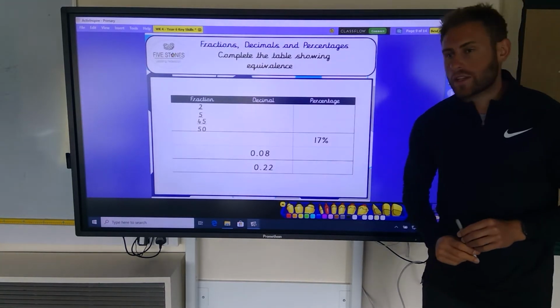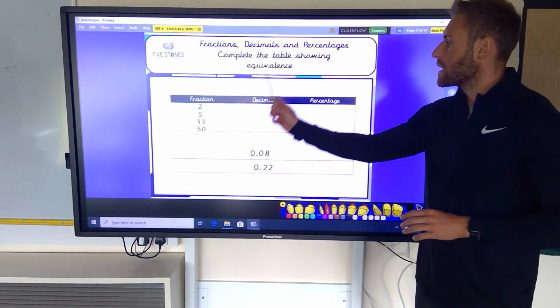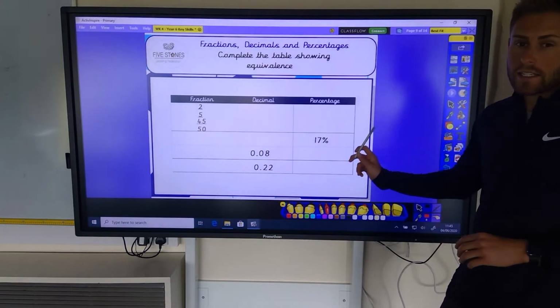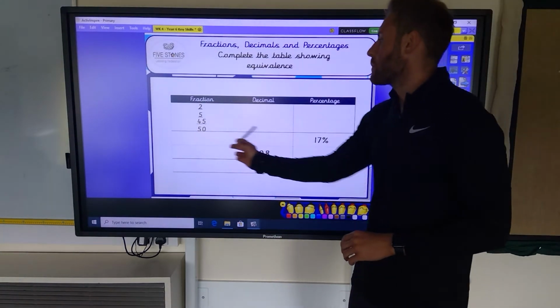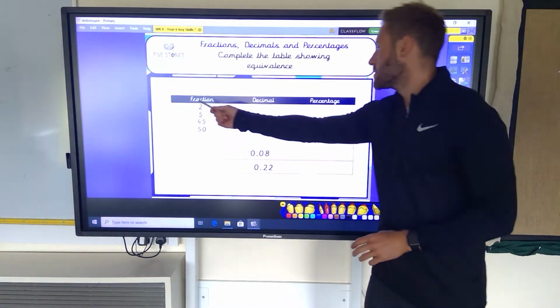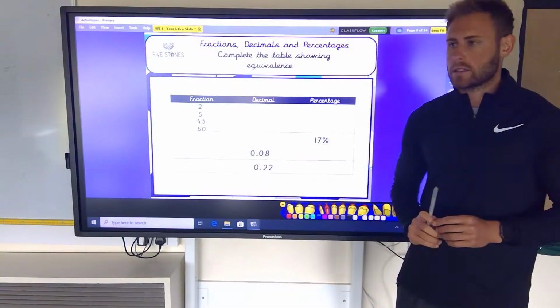What we've got now to finish up this activity of fractions, decimals and percentages is an incomplete grid which has either got the fraction, the decimal or the percentage given to you, and you need to make the rows of the grid match up. So the equivalent of the fraction in its decimal and percentage is required.